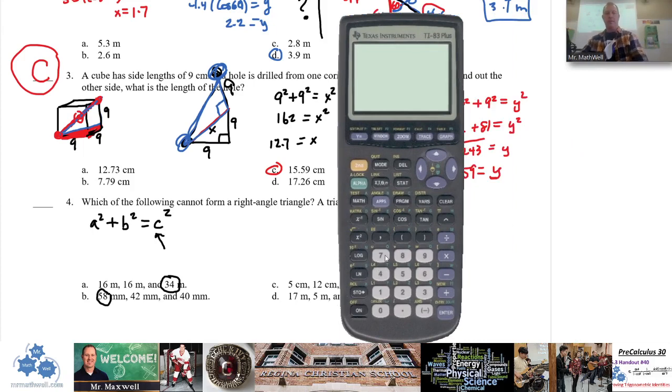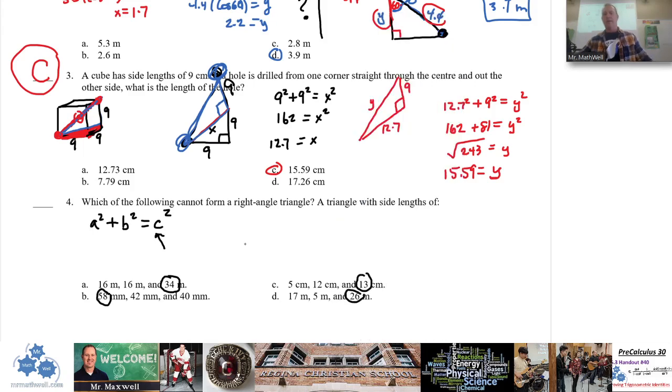I guess the other thing you could do too, and you might not recognize this right away, is look at A. If you have two sides that are 16 by 16, then the third side has to be at most 32, because if you were to lay those sides at an angle of 0, those two sides put right up together make 32.